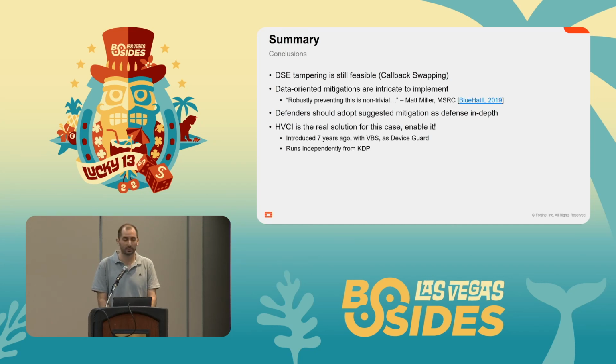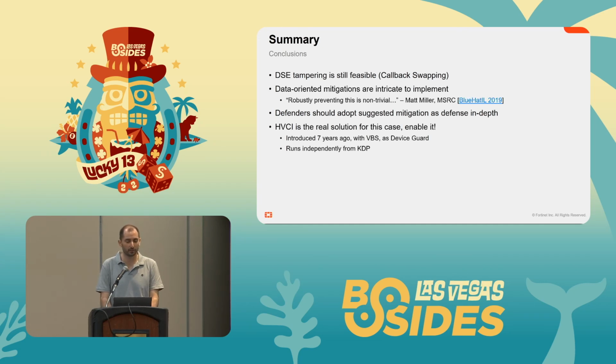Defenders can use the mitigation that we suggested. We're going to release, hopefully, the source code for it, so it will help speed up the process. And the final thing, and I think it's the most important point of this talk, is that there is a real solution for it.